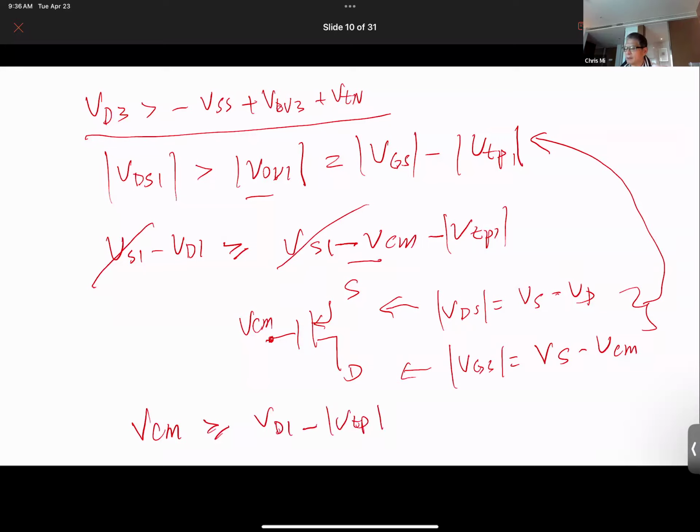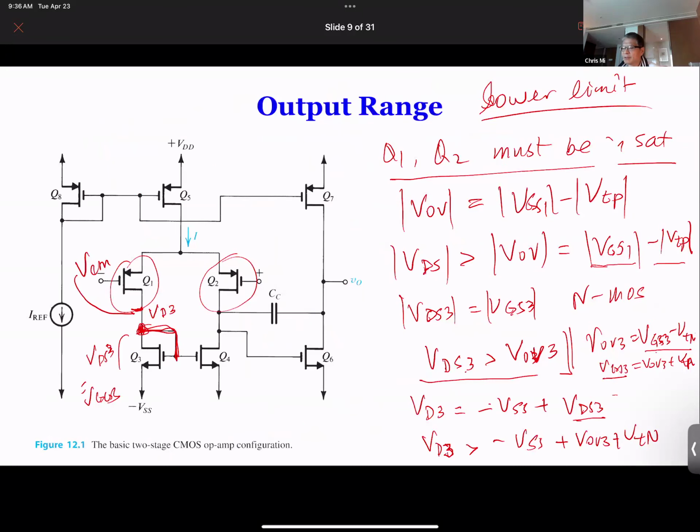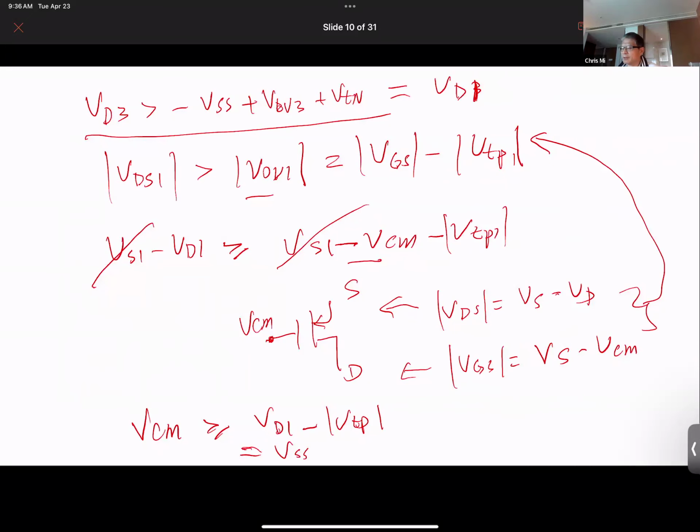And VD1 is already found, which is equal to VD3. Let me go back one slide. VD3 and VD1 are the same. If you draw the circuit, this is VD3, this is 1, and 3 is here.